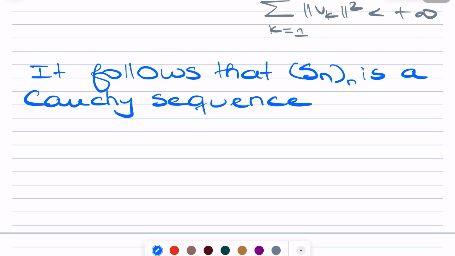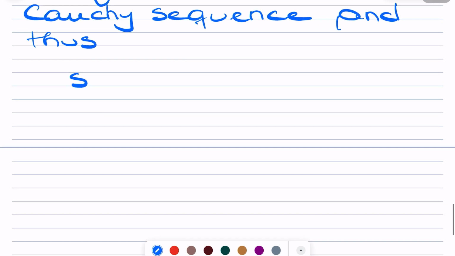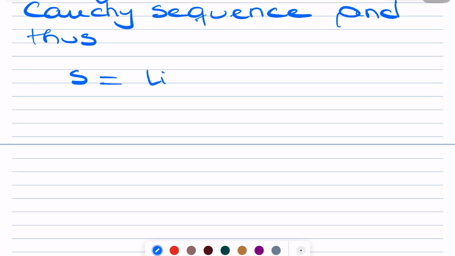And thus, because H is a Hilbert space, thus complete, the limit of Sn exists, and we define S to be this limit.